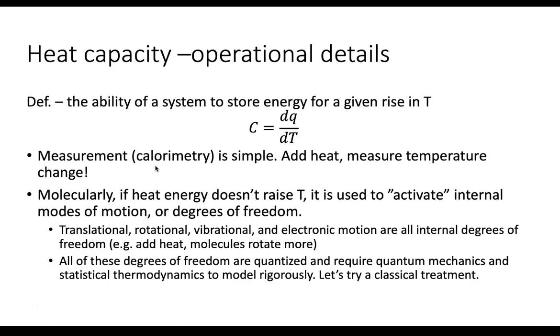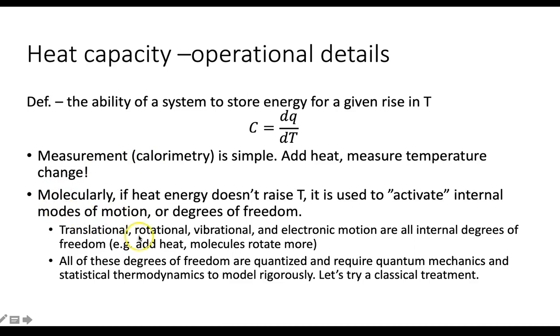Molecularly, what happens if you add heat and the temperature doesn't go up as much? Let's say we add heat to two separate systems, and the temperature doesn't go up as high. Where is that heat energy going? It's actually going into activating internal modes of motion, or internal degrees of freedom. If we're talking about molecules or atoms, that means translational motion, which is movement of the center of mass through space, x, y, z.